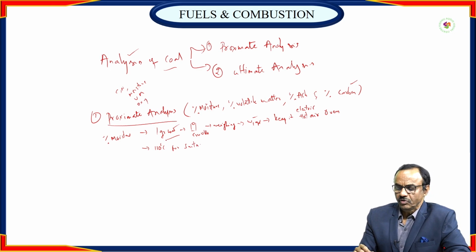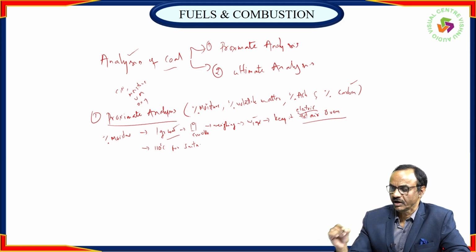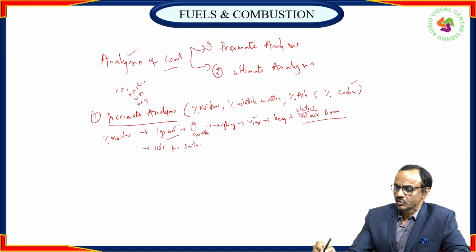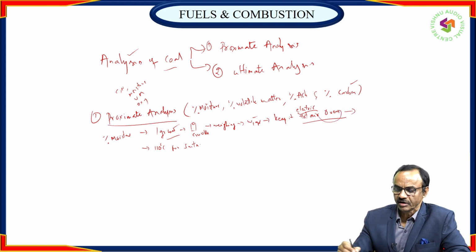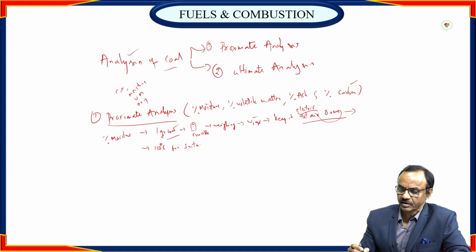Take 1 gram of coal in a crucible, with W1 as the weight of the crucible along with the coal, keep it in the electric hot air oven, and heat it to 110 degrees centigrade for 5 minutes.